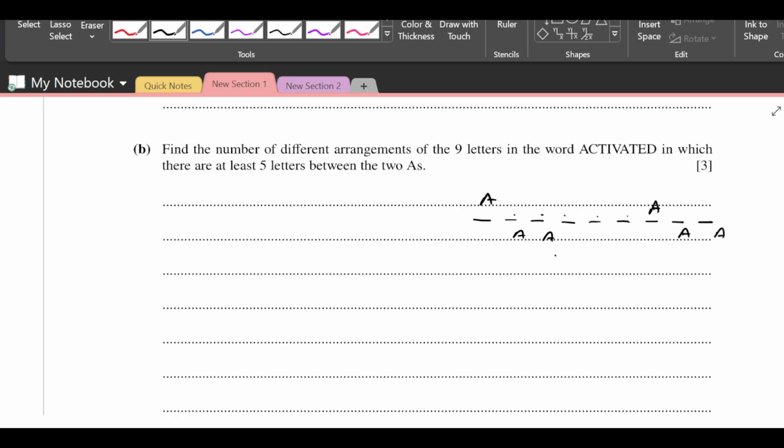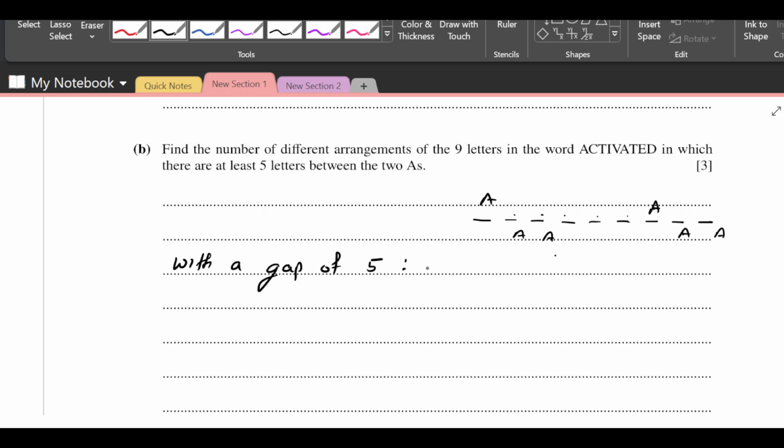So when we have a gap of 5, the arrangement would be, now these A's in the first and last place I need not arrange, but the rest 7 letters I have to arrange.